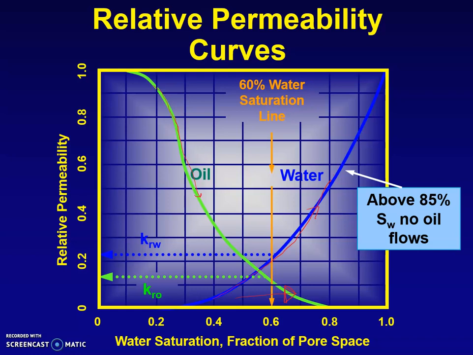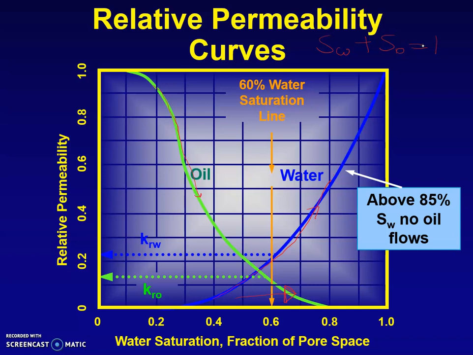Let me write this relationship for you. SW, which is water saturation, that's how we show it, plus oil saturation, which is again the percentage of pore space that is filled with oil. If you have only these two fluids inside the rock, then the summation of these two will be equal to 1.